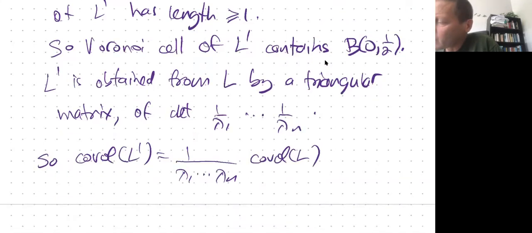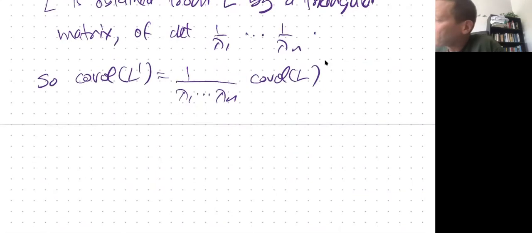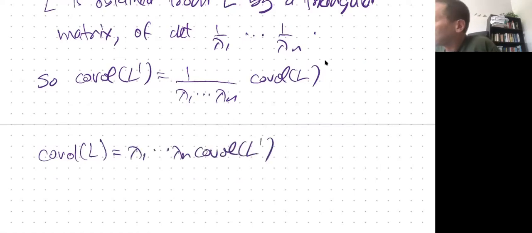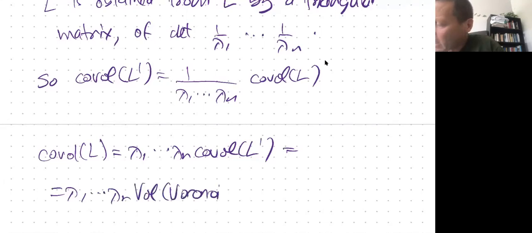So moving the lambda i's over, I get that the covolume, this is equal to, let's write it down. This is the volume of a Voronoi cell for L prime.